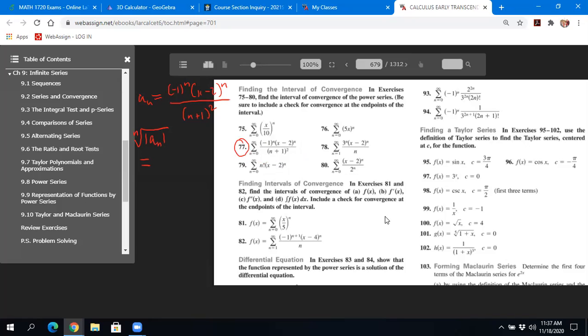So we're doing this one right here. This is going to be the nth root of the absolute value of (x-2)^n, which is just the absolute value of x-2 over (n+1)^(2/n) when I take the nth root. And what does that go to as n goes to infinity?